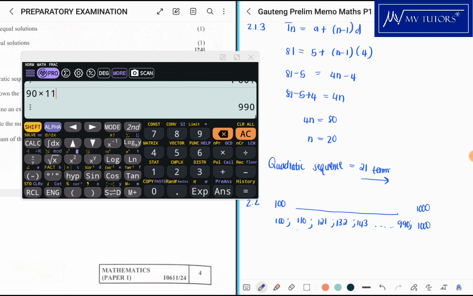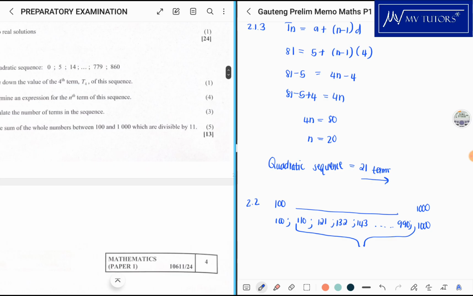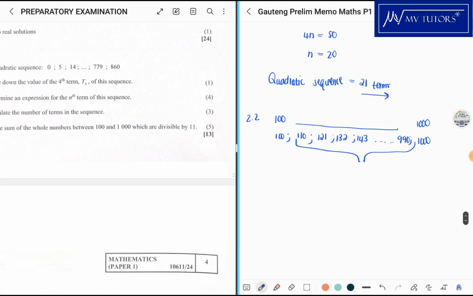But now I need to determine how many terms these actually are, because that's what they're asking. They want to know the sum of the whole numbers between 100 and 1,000. So my thing here is I want to know how many terms there are first and foremost. And then after finding out how many terms there are, I'm going to add those terms by using the sum formula.